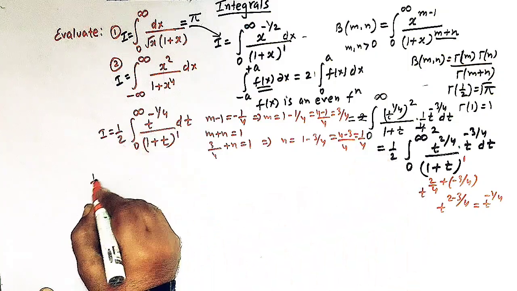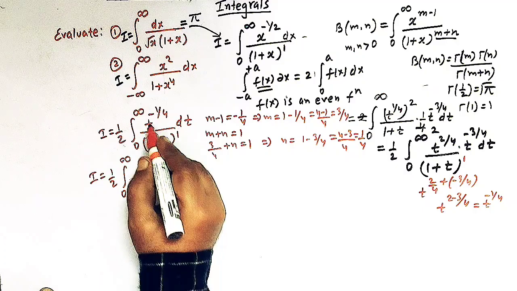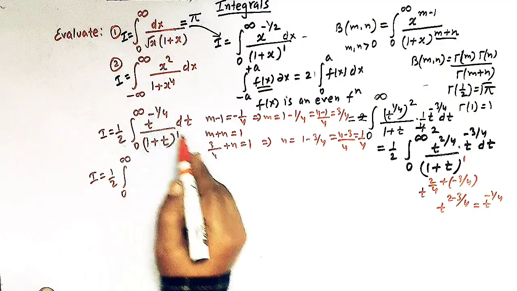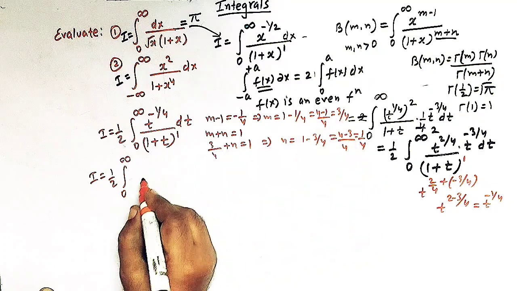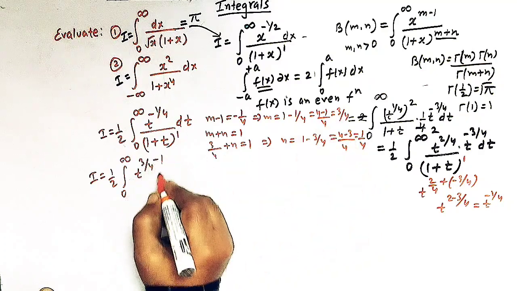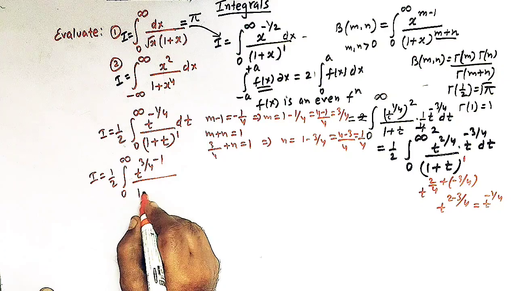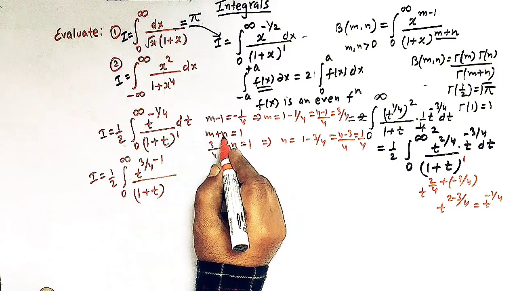So now we can write I is equal to half, 0 to infinity, t raised to minus 1 over 4 can be written as m minus 1. M is 3 by 4, so we can now write t raised to 3 by 4 minus 1, and 1 plus t raised to 1. 1 is m plus n.